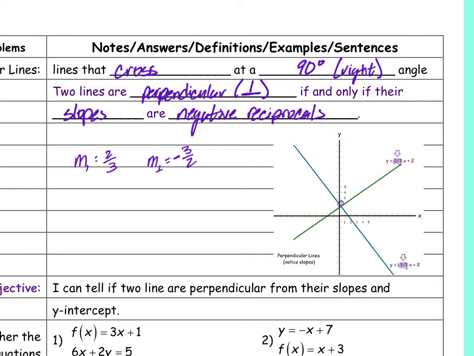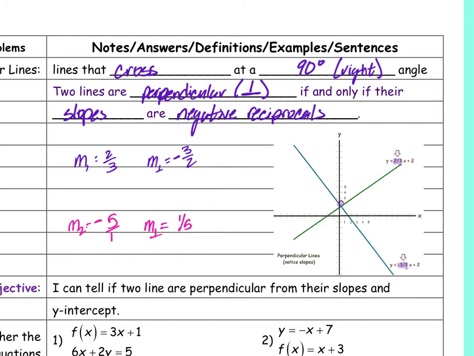Say the slope of line 2 is negative, let's say -5, which is -5/1. Let's turn it into a fraction, because in order to find the reciprocal it needs to be a fraction, so we put a 1 underneath it. And so the slope of my perpendicular line would be +1/5. So they have to be opposite signs.